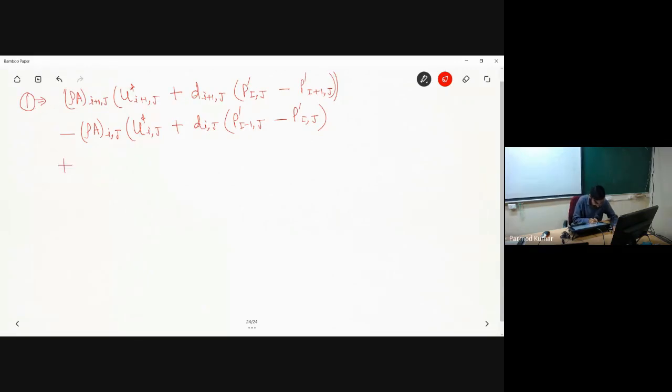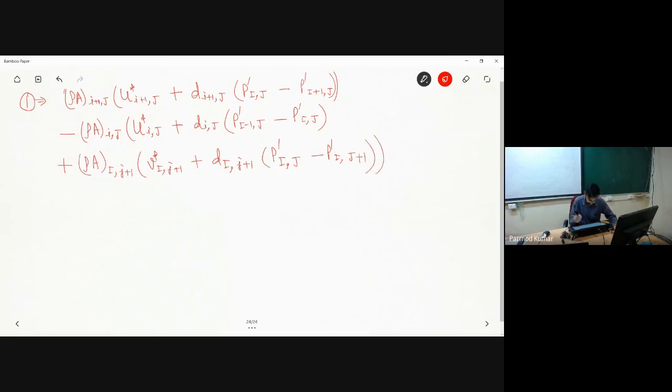Plus rho times a capital I comma small j plus 1 times v star capital I comma small j plus 1 plus d capital I comma small j plus 1 times p dash of I comma j minus p dash of I comma j plus 1.